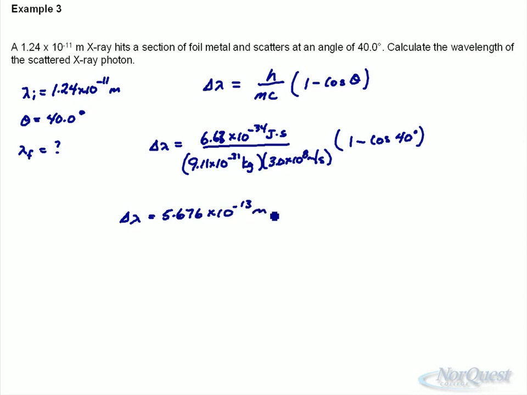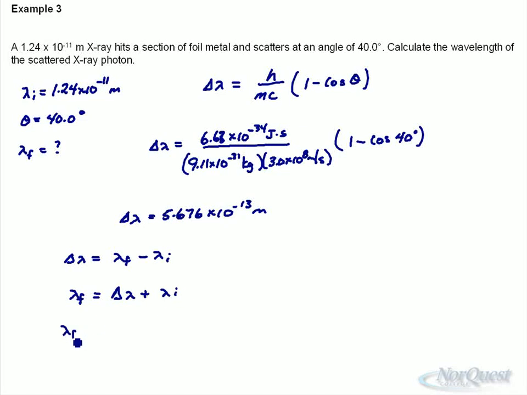You're not going to see a lot of change. Maybe to your third sig dig you will see a change. Now, change in lambda is going to equal the final wavelength subtract the initial wavelength. So what we want to do is find the final wavelength equals the change in lambda plus the initial wavelength.